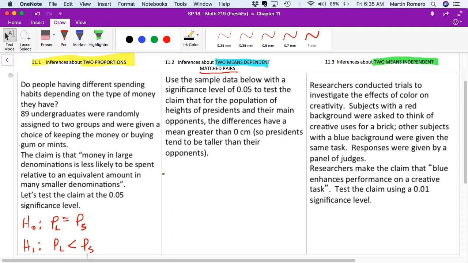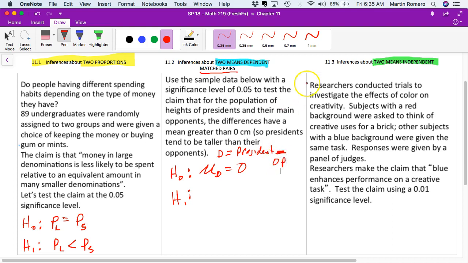You're matching up the president with the opponent. What we're comparing in this case is the mean of the differences, where d is equal to the president minus the opponent. Let me rewrite that. It's really d equals president minus the opponent.